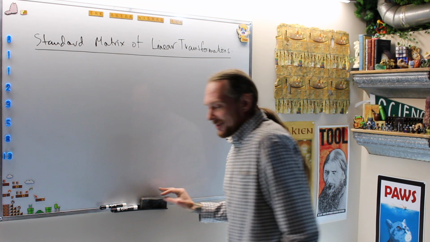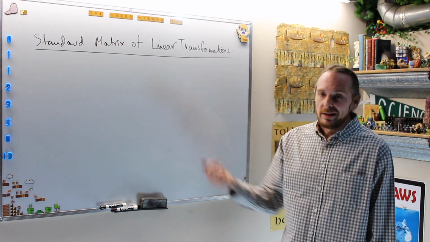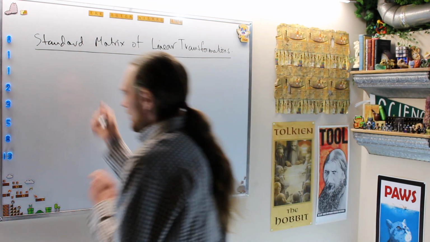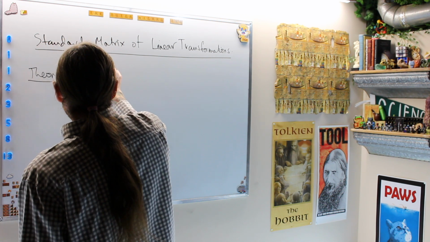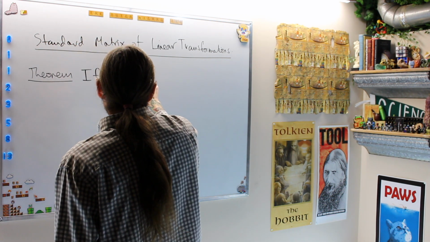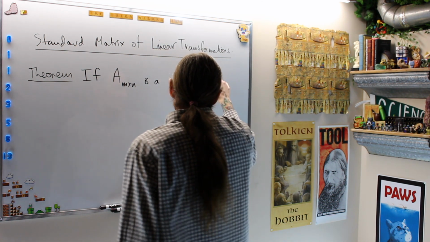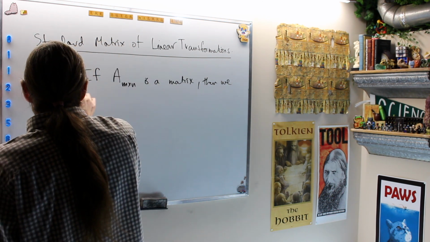It's easiest to not do the if and only if. I'll do the statement and the converse statement in the same one instead of saying if and only if. Take some logic. Theorem. If A, m by n, is a matrix, then we can define a linear transformation T_A of x equals Ax.